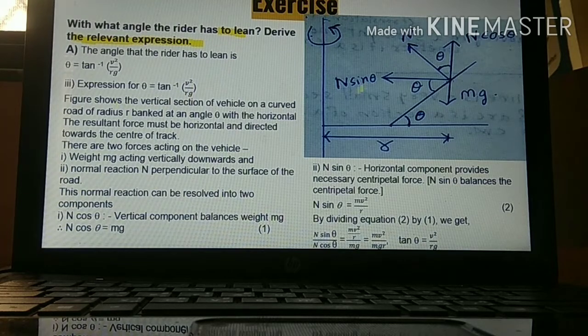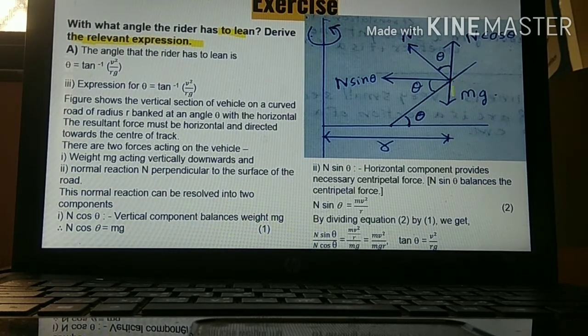Over here from the figure, we can see this curved road. Whenever the vehicle is over here, its weight acts in a downward direction. In order to balance this downward force, N cos theta has been generated just opposite to it, and centripetal force is acting towards the center as the rider is moving in a circular track.